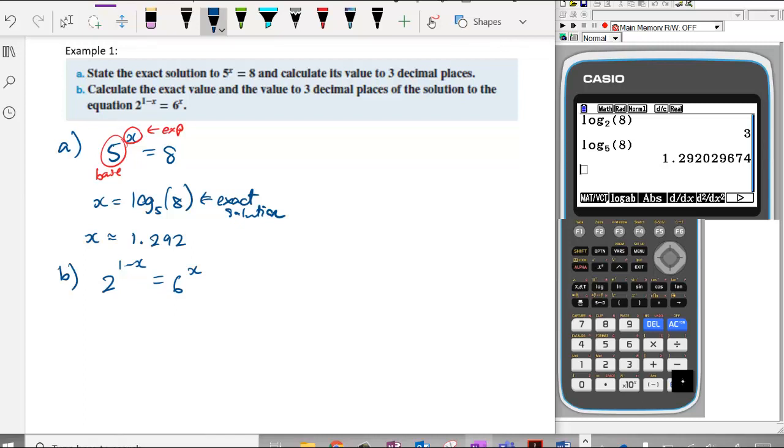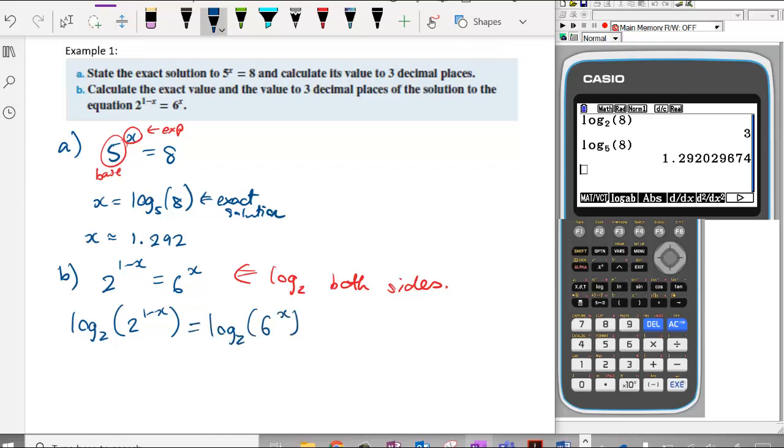We're going to start by choosing a logarithm to apply to both sides. So let's say we log base 2 both sides. Choose log base 2 because that will allow us to bring this 1 take x down. So we say log base 2 of 2 to the power of 1 take x is equal to log base 2 of 6 to the power of x.